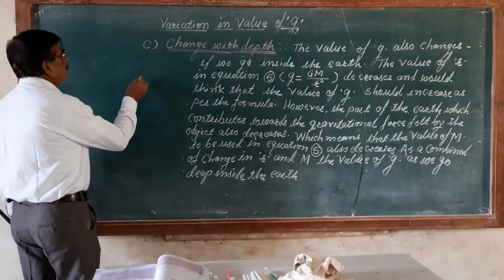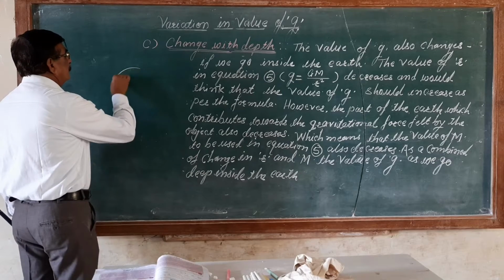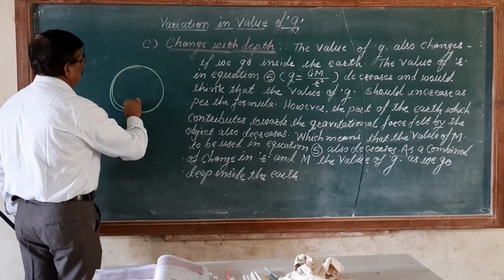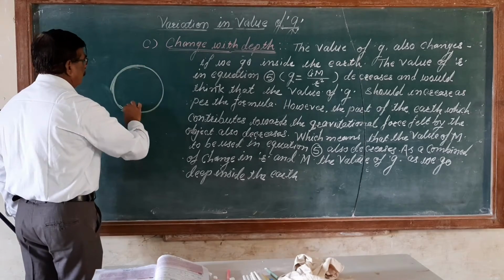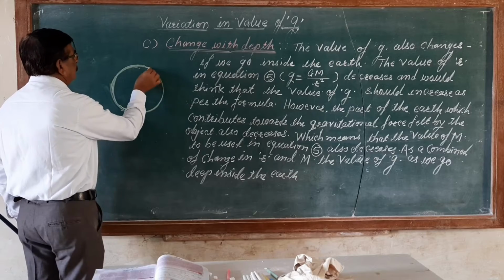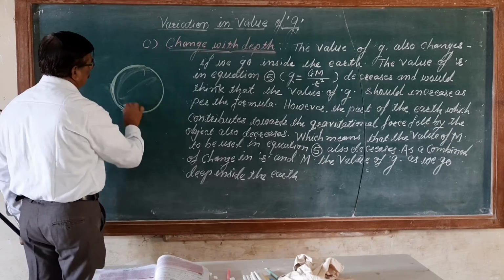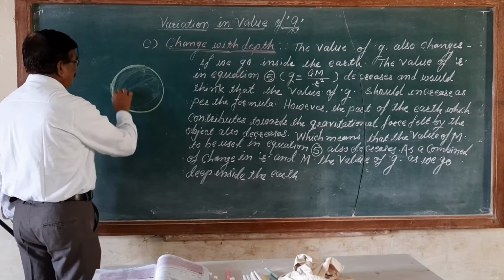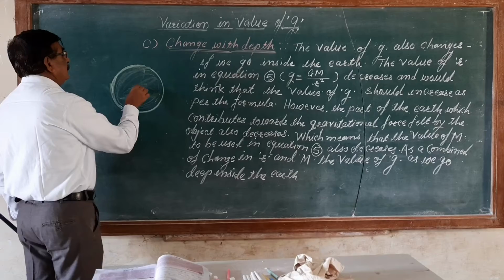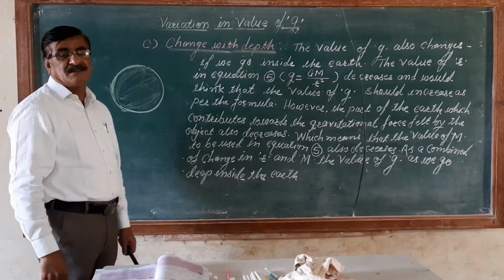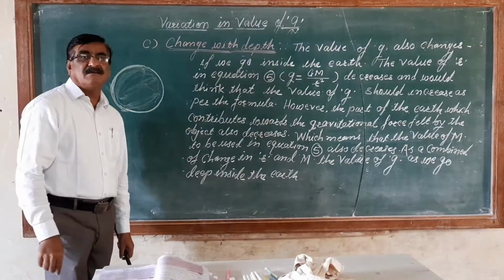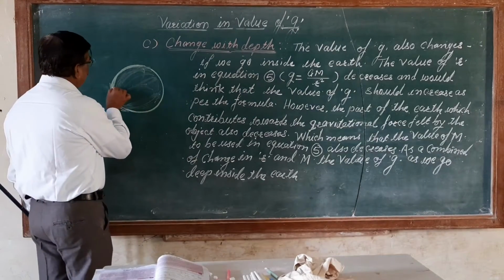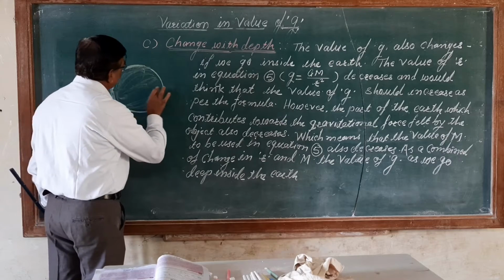Suppose it is our earth sphere. Maybe it is a surface, but it has two center points: the center on the surface of the earth and the center inside the earth.